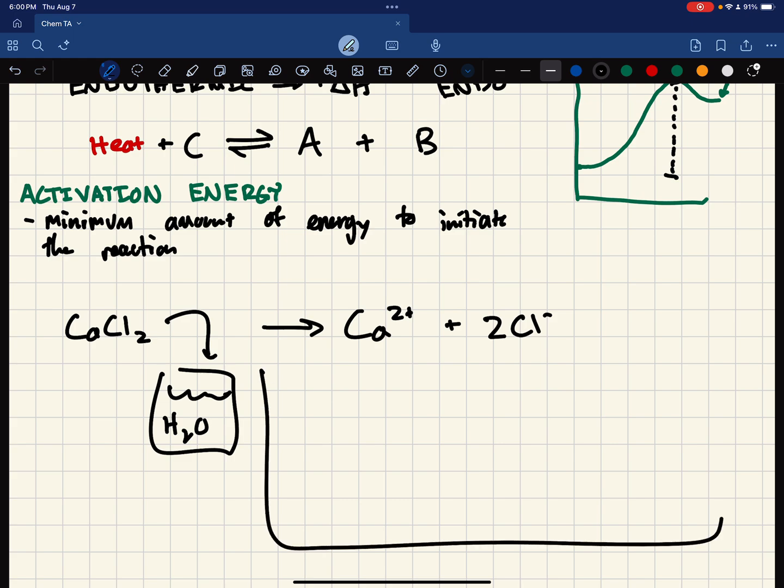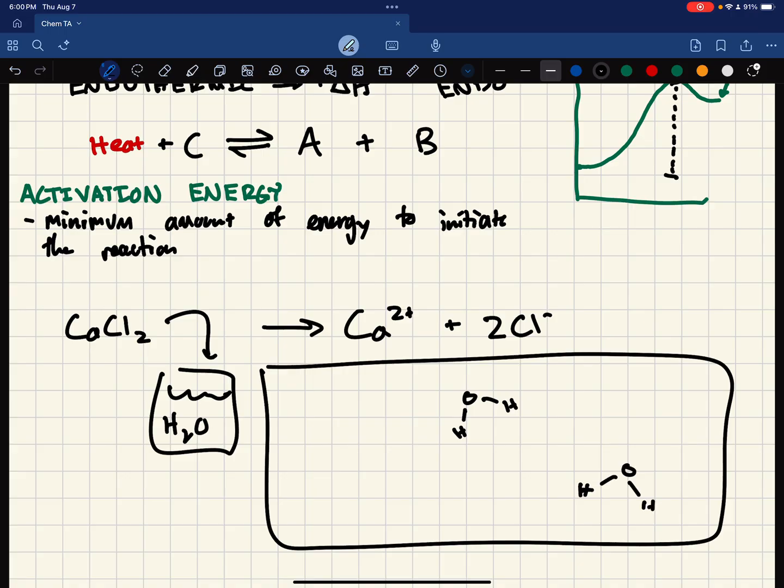So if we zoom in here, this is inside of our water. Here's our water molecule. I'll draw two of them. Okay, and then here is our ion. And if you remember our intermolecular forces, one of them is called ion-dipole. Right? Ion-dipole interactions.